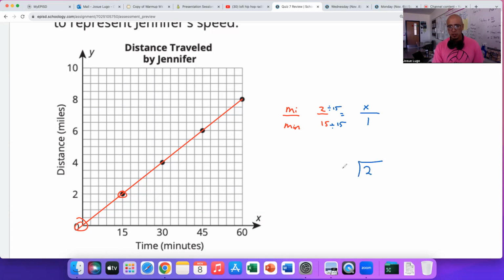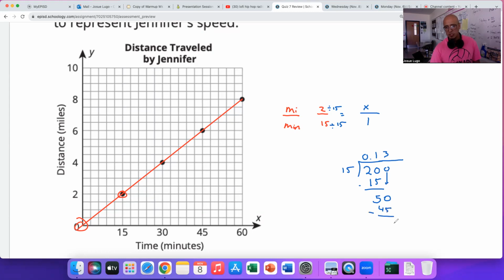2 divided by 15. 15 cannot go into 2, but it does go into 20 one time. 15 times 1 is 15. We have a remainder of 5. Let's keep going. 15 can go into 50 3 times, because 15 times 1 is 15, times 2 is 30, times 3 would be 45, so it goes 3 times.